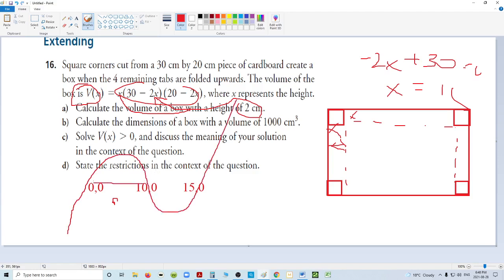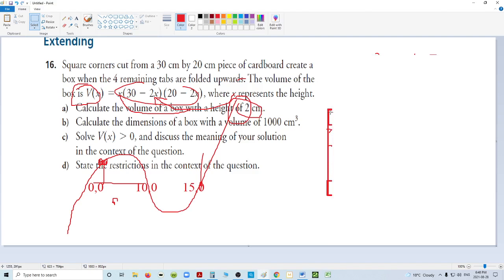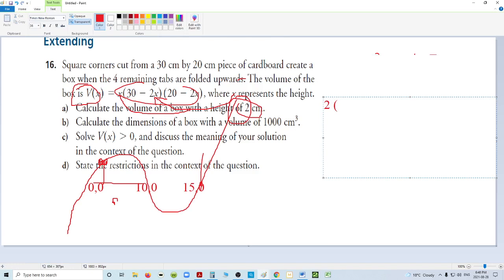Now the volume's only going to be positive from here and from here. And so the first question, when we're dealing with 2, the volume's going to be somewhere around there. The second question, when we're dealing with a volume of 1,000, the x is going to be much bigger. The first solution, A, is easy to calculate. It's 2 times, what's 30 minus 4? 26.